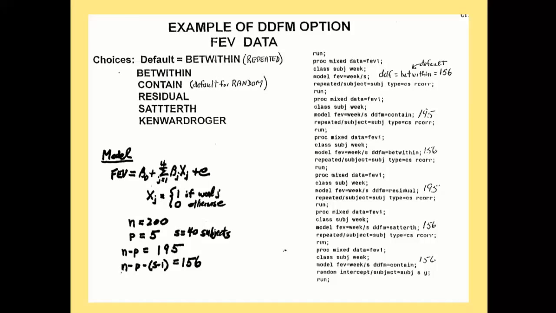In any case, the contain option is something that generally works when you're doing correlated data involving an ANOVA situation, an analysis of variance correlated data situation. I'm going to talk about that very soon because that has to do with the homework assignment you had to turn in today.